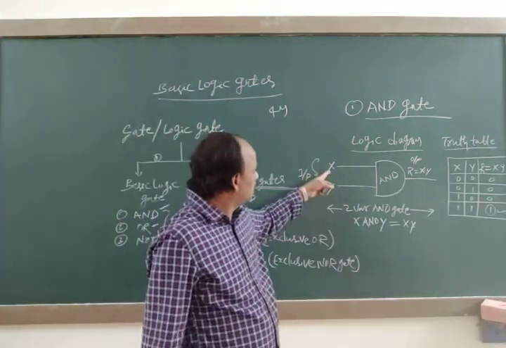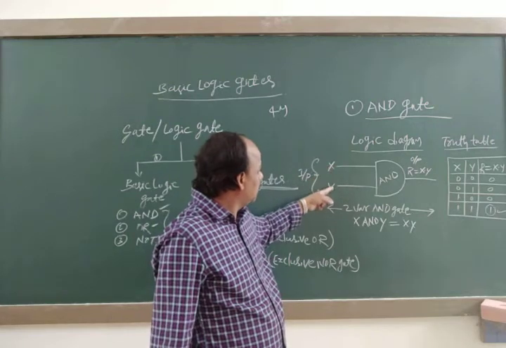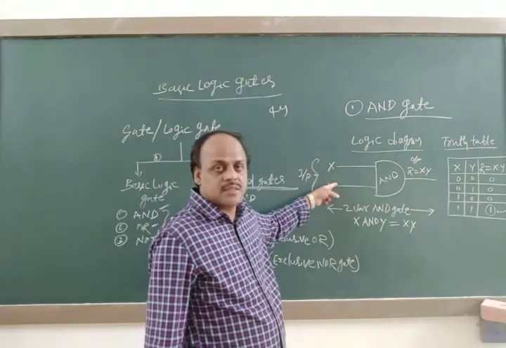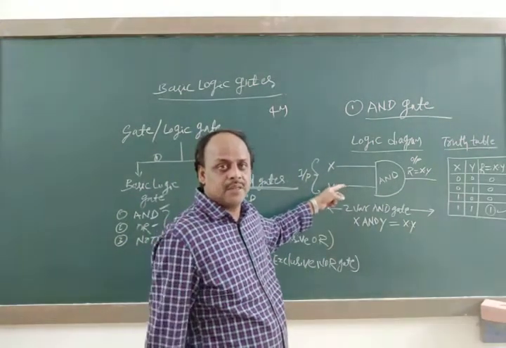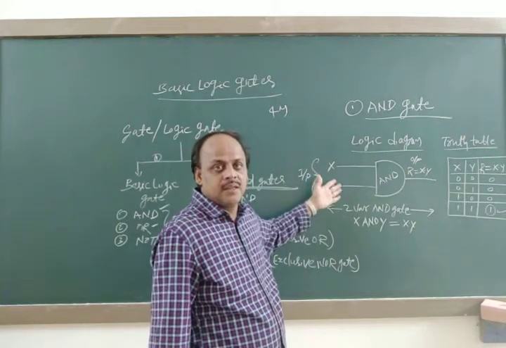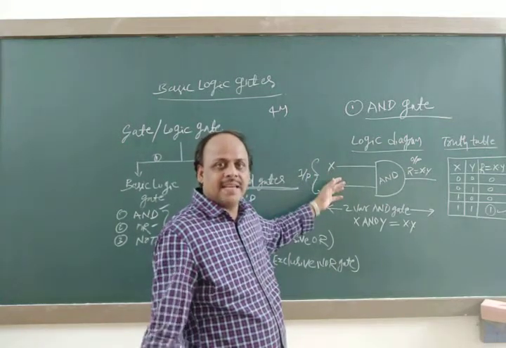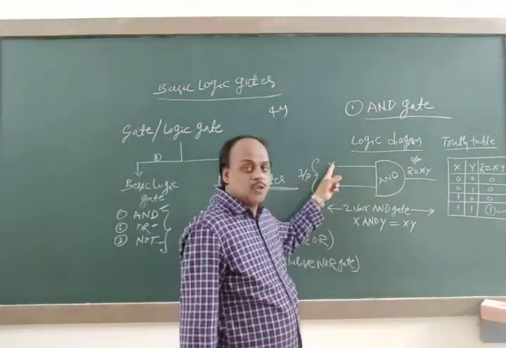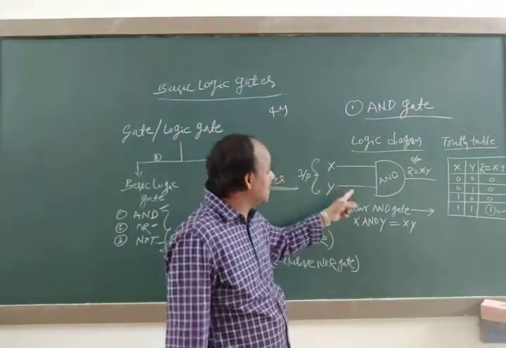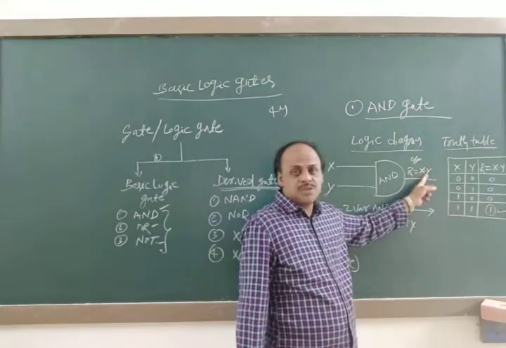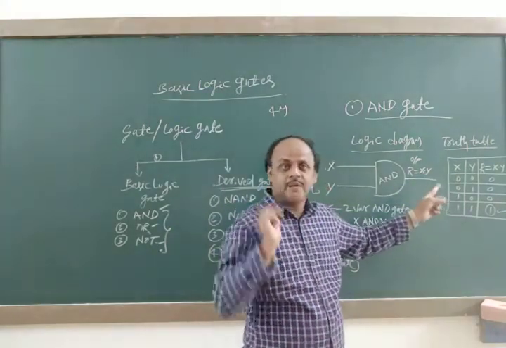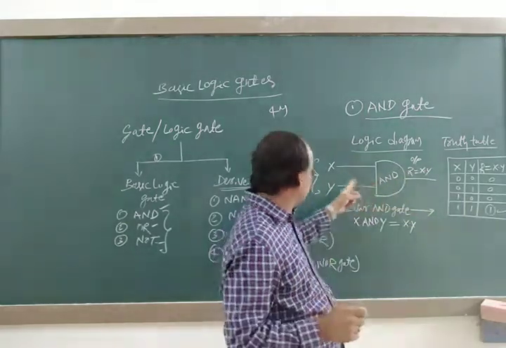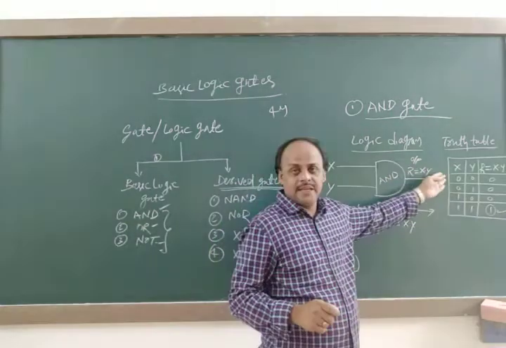So here, observe, I have taken 2 variables as input. You can take any 2 variables, they may be A or B, X, Y, M, N, like this. But we are going to consider here 2 variables as X and Y, so in the resultant expression we have to write X into Y only. Don't write A into B here.